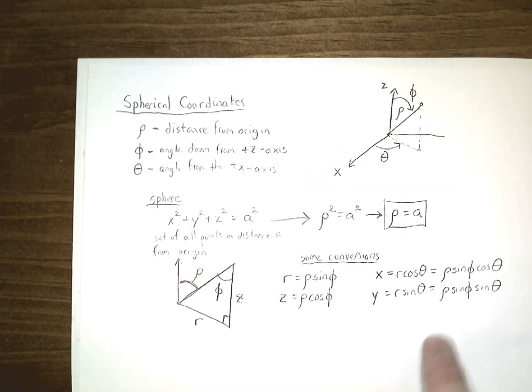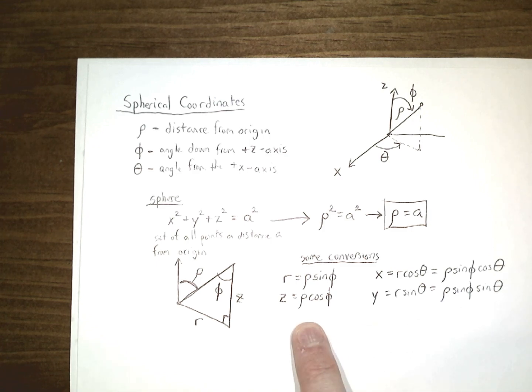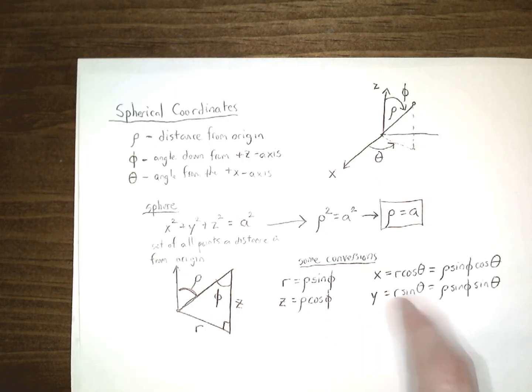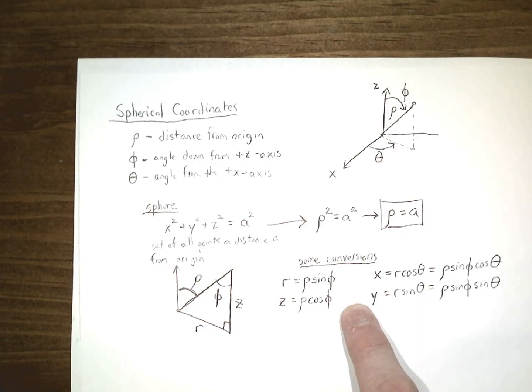So in spherical coordinates, x and y are preceded by the same factor, rho sine phi. x takes its usual cosine theta to project that out, and y takes the sine theta. The z coordinate is just rho cosine phi. It doesn't match the other two, and there's no secondary angle in terms of theta here. So that's a good way to remember it: x and y have the same r there, and z is doing its own thing.